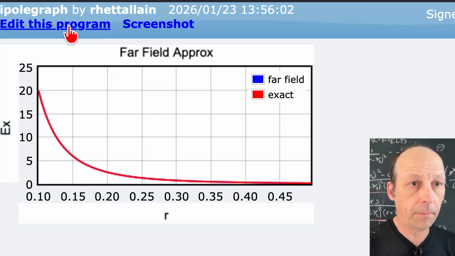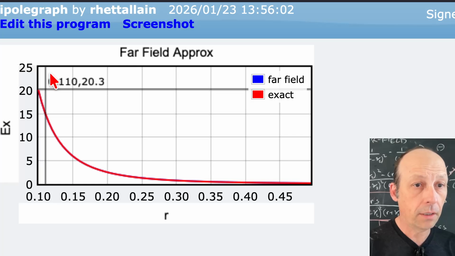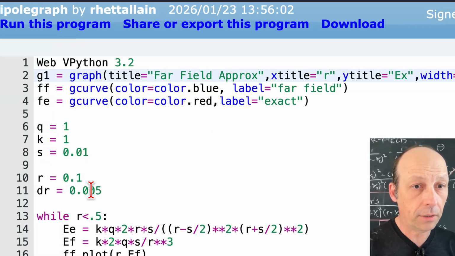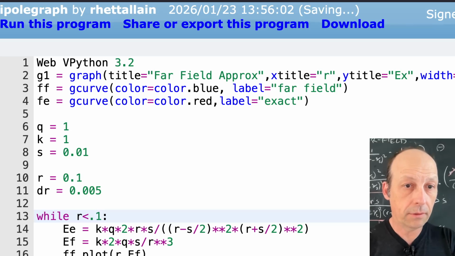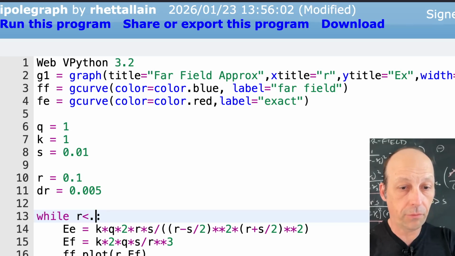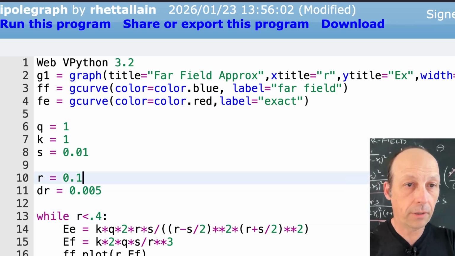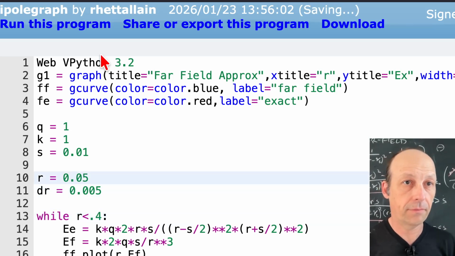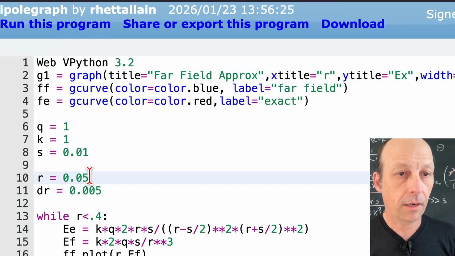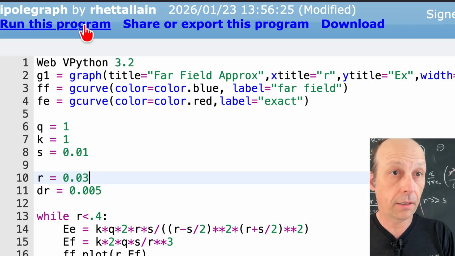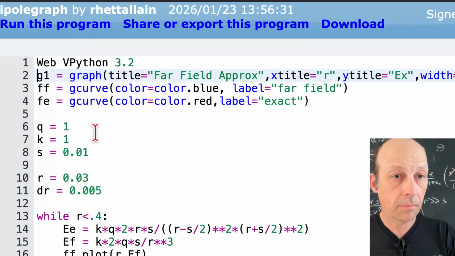So let's go from 0.2 to 0.4, from 0.05. Still not seeing a difference.